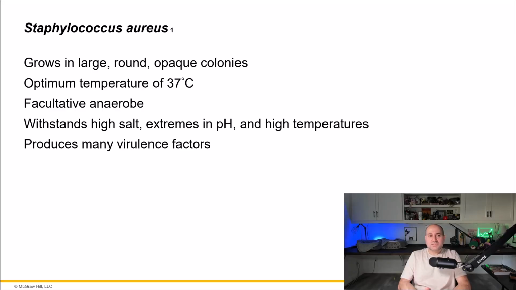And so let's talk about Staphylococcus aureus. On an agar plate, these grow in large, round, opaque colonies. The best incubator to use is the 37-degree incubator, because what does 37 mean? What does 37 degrees mimic? Why would that be the optimum temperature?